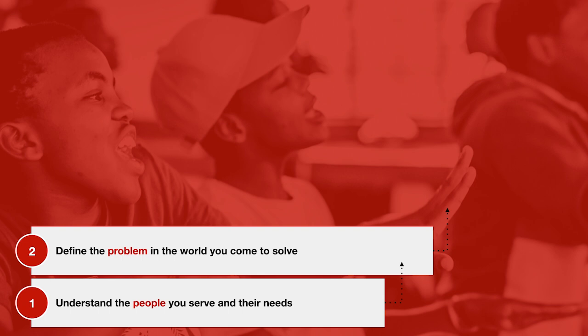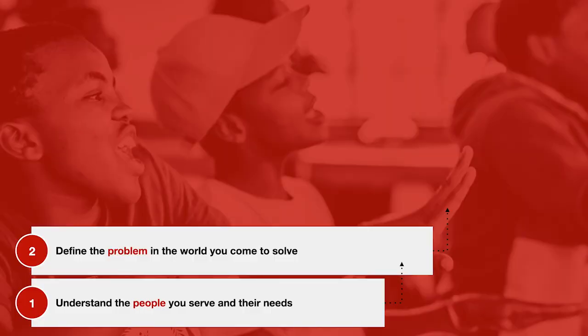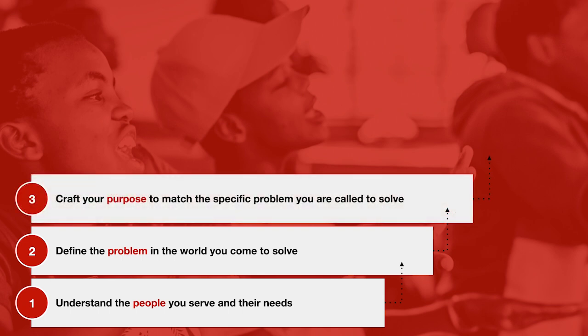There's housing issues, food issues, government corruption issues, water scarcity. You could list 55 problems that people in your community might be struggling with. And you're called to serve some of those problems, but not all of them. Once you understand clearly the problem you're called to serve, then you can say, here's our purpose: we exist to.